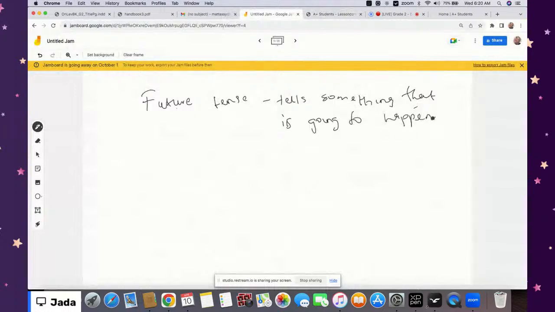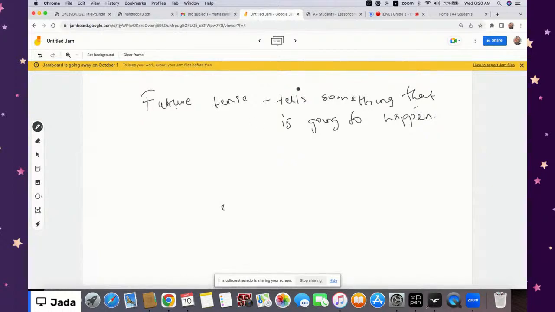Future tense tells you about something that is going to happen. I did A plus yesterday. Good job. That is an irregular past tense.